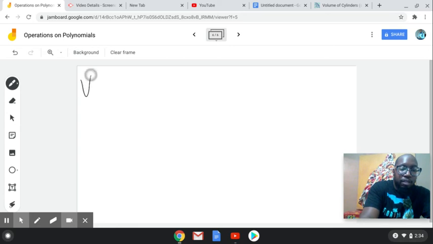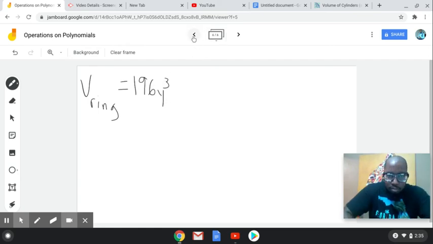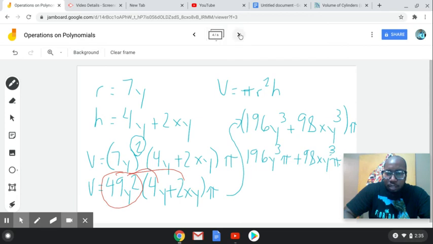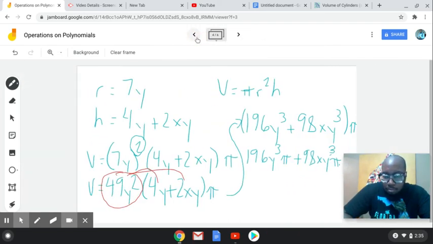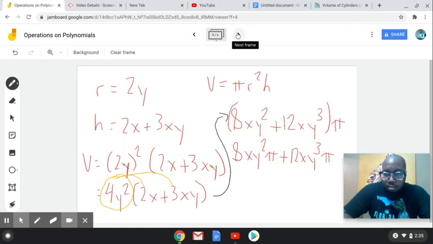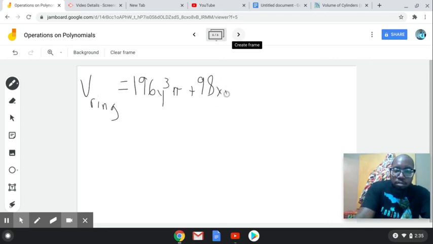So the volume of the ring, I'll say V of ring, is going to equal 196y to the third pi plus 98xy to the third pi. So all of that minus the second part of the ring.